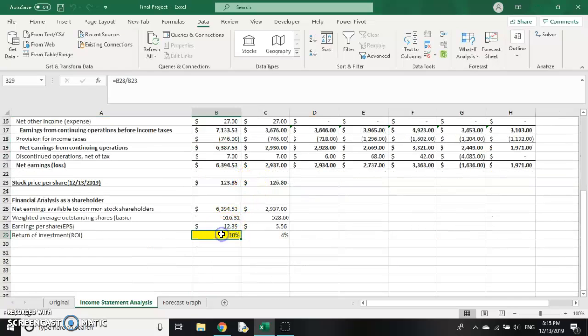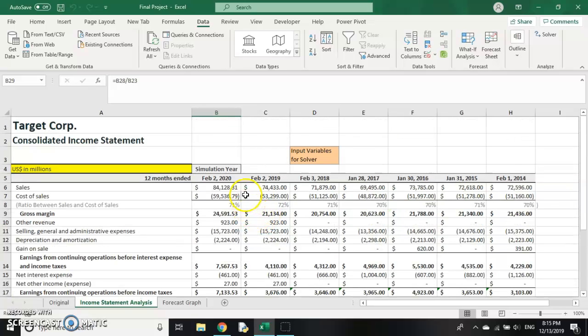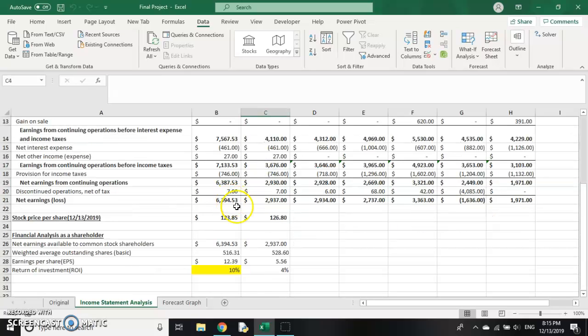So we got our 10%. But in order to have a 10% return on investment, Target needs to sell $84,128.31 in millions, of course. So how practical is that?